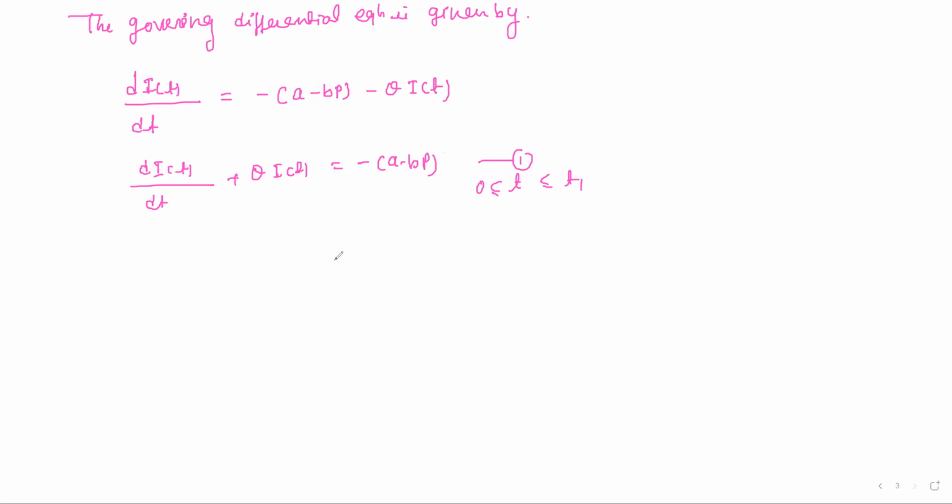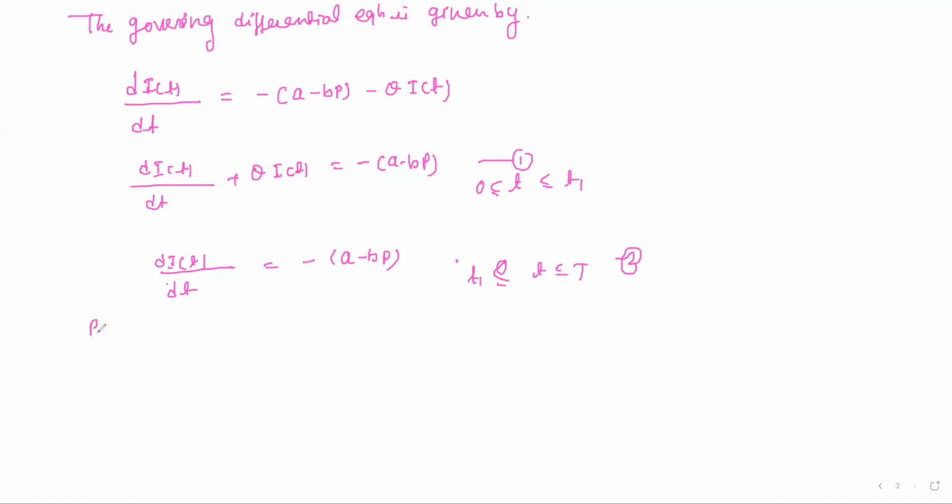Now for the interval t1 to t, the differential equation becomes dI(t)/dt equals minus D. We can say this is equation first.